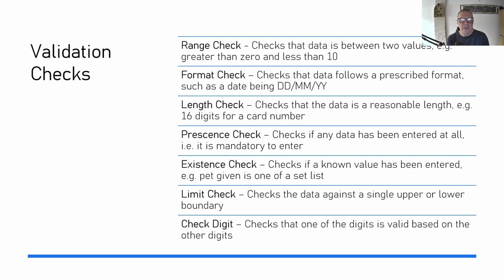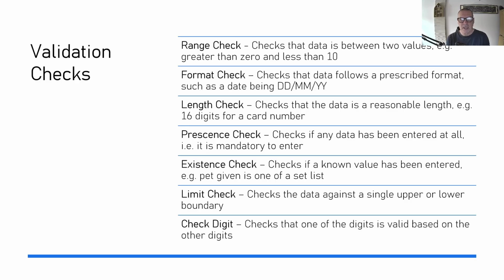Existence check is a little bit different. Sometimes it's confusing between presence and existence. Existence means check if the value that has been entered is a known value, i.e. we have it on a list somewhere, we know what the valid options are. Is it one of those valid options?